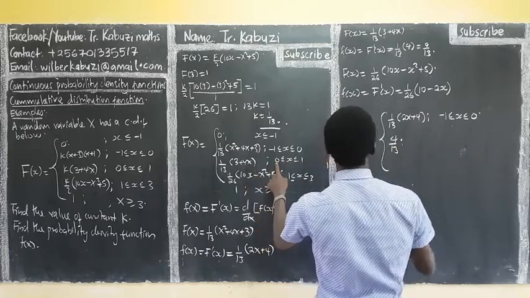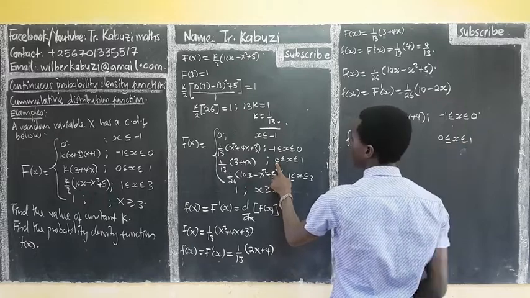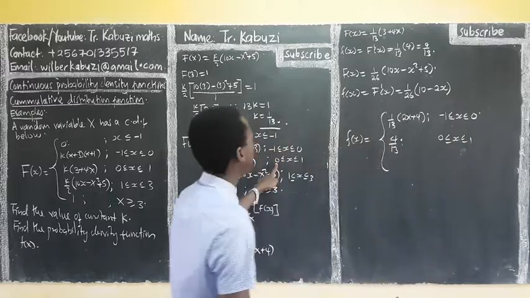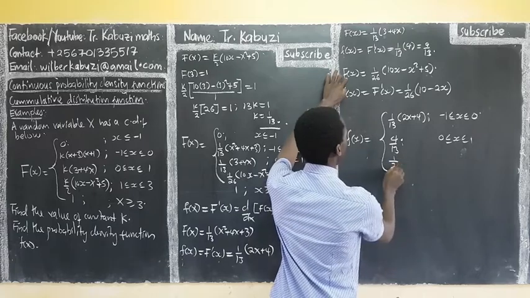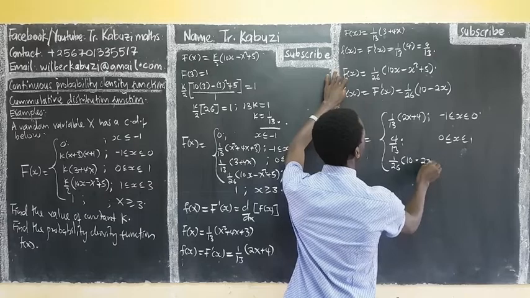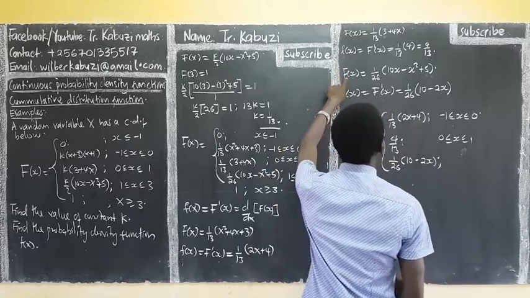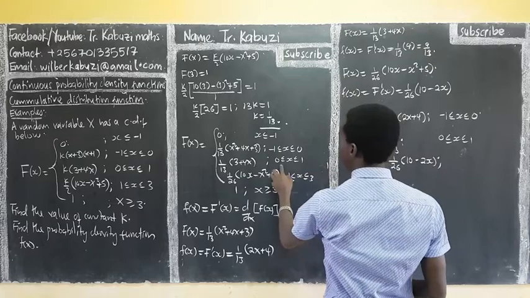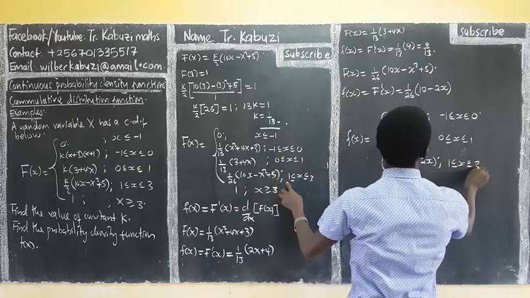The interval was between 0 and 1. Then for the last one, we got 1 over 26 into 10 minus 2x, for the interval of 1 less than x less than or equal to 3.